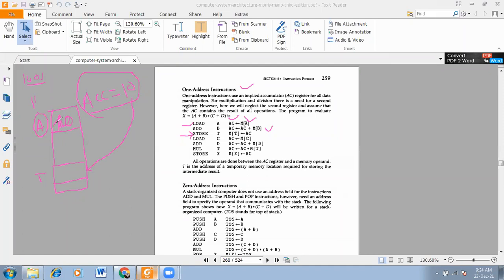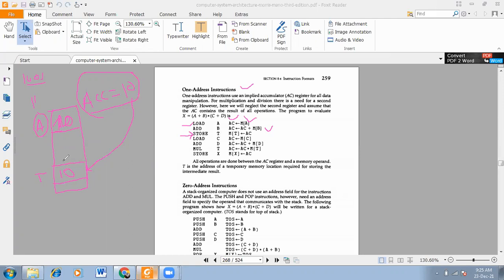Load means you are keeping the data in the accumulator from that particular memory location. When you write store, you are sending your data from the accumulator to the particular memory location where you intended to store. Here, for example, we have written T. This is the T memory location, and then 10 may come.